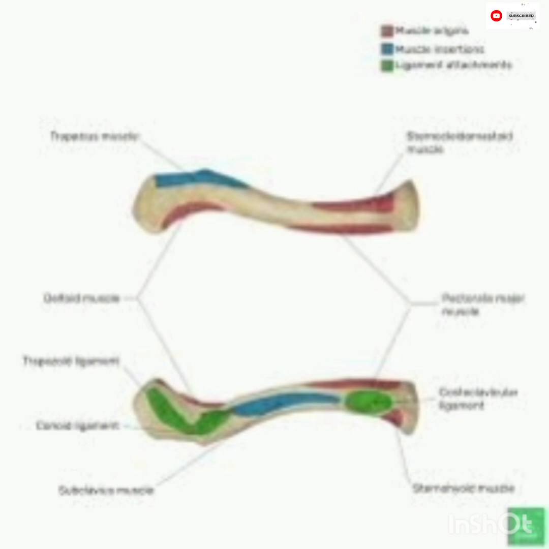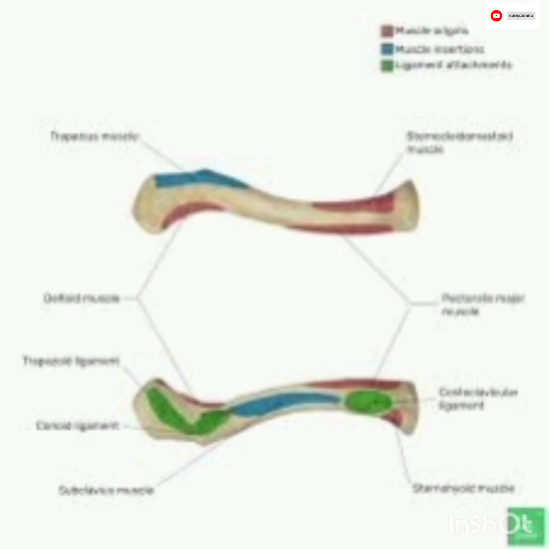It has a facet that articulates with the acromion process of the scapula to form the acromioclavicular joint. Second, the medial or sternal end is quadrilateral and articulates with the clavicular notch of the manubrium sterni to form the sternoclavicular joint. The articular surface extends to the inferior aspect for articulation with the first costal cartilage.